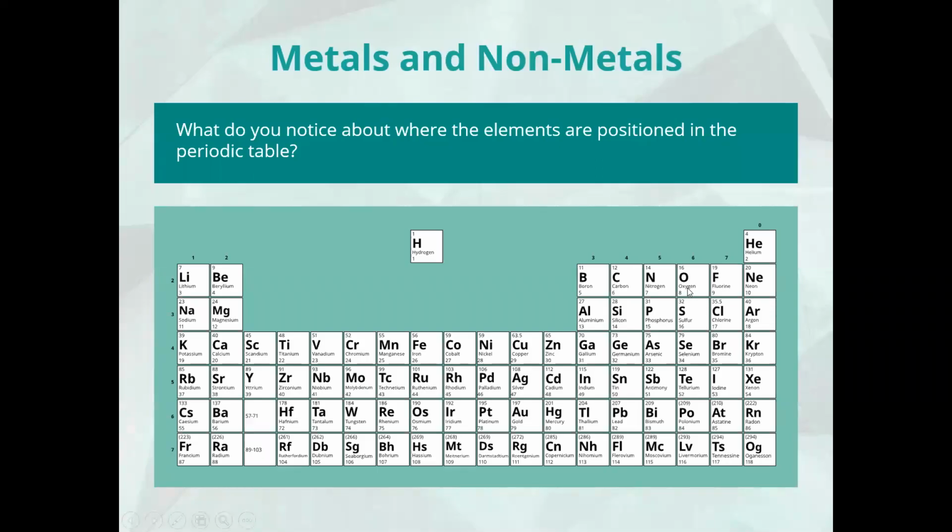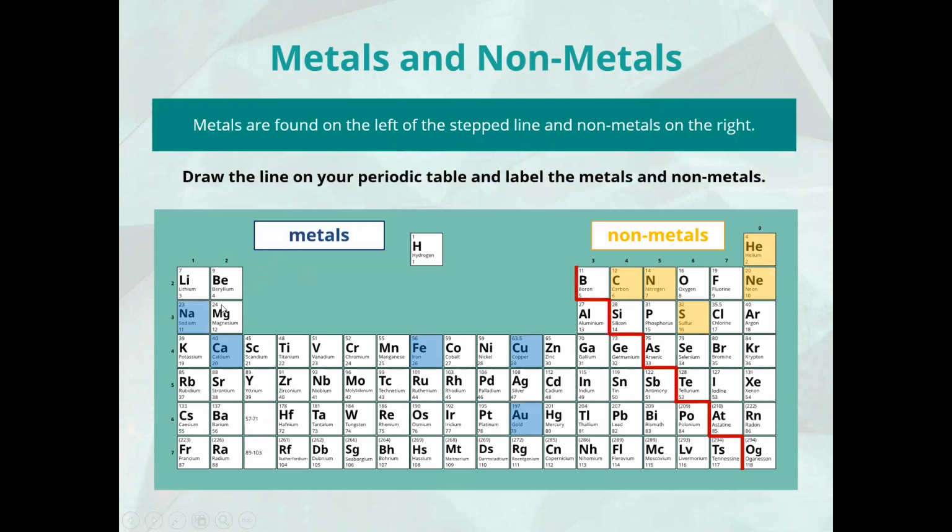What do you notice about where the elements are positioned in the periodic table? So when looking at those elements that we classified into those two groups, these are their different positionings. The blue are all your metals and the yellowy orange color are your nonmetals.